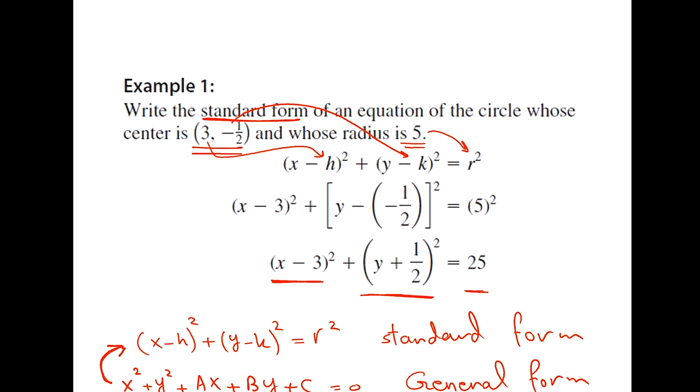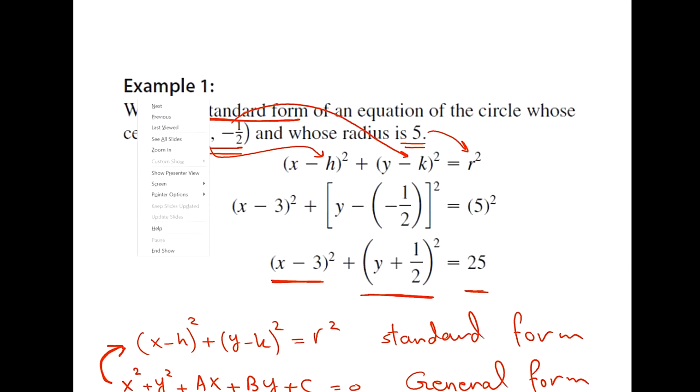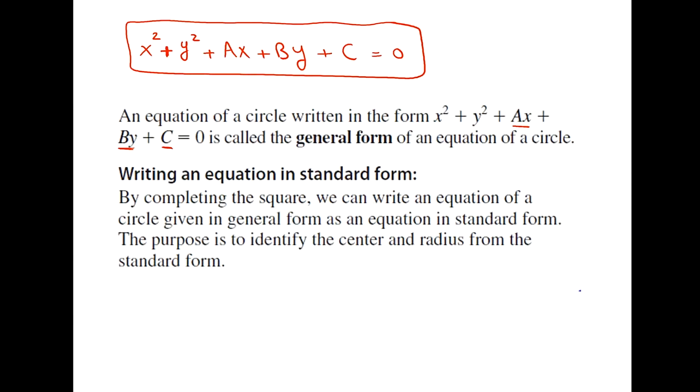To convert from general form to standard form, we use completing the square. How can we find the complete square? If you have ax, divide the a over 2 and square the result.